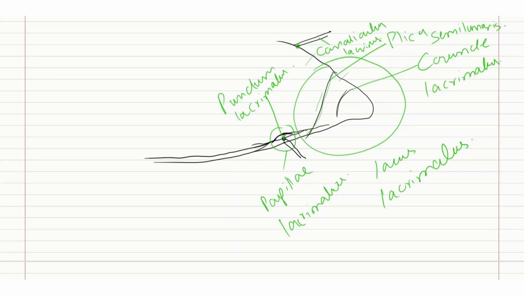The margin of the eyelid which is towards the medial canthus is called the lacrimal portion. Remember, we're talking about the portion of the eyelid margin. And the portion which is towards the lateral canthus is called the ciliary portion.